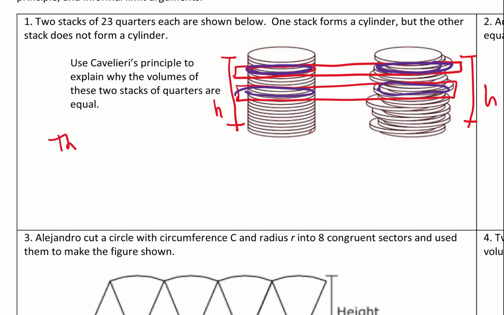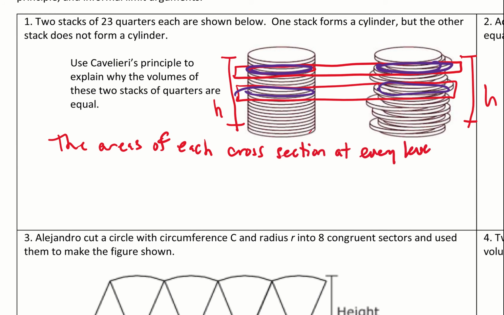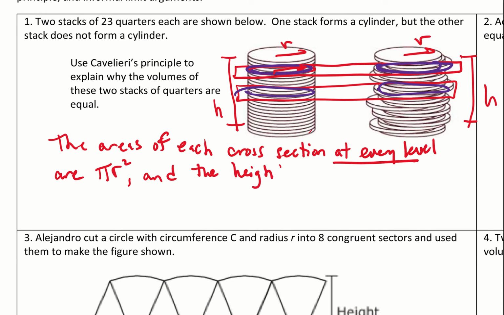So the areas of each cross-section at every level are pi r squared, right? If the radius is r, then it's still going to be pi r squared, and the radius is the same for both of them. And the height of both stacks are the same.